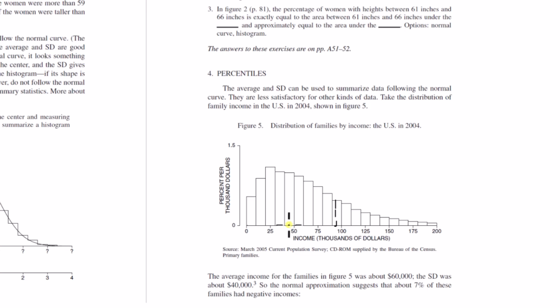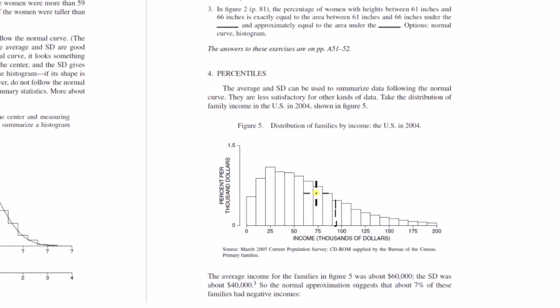Just to make this clear, I mentioned you start at the origin and you walk up. You get to this point, $90,000. So that means that's the 75th percentile. Yeah, 75% of the area is behind this line. Or you could look at it like 25% is above this value.